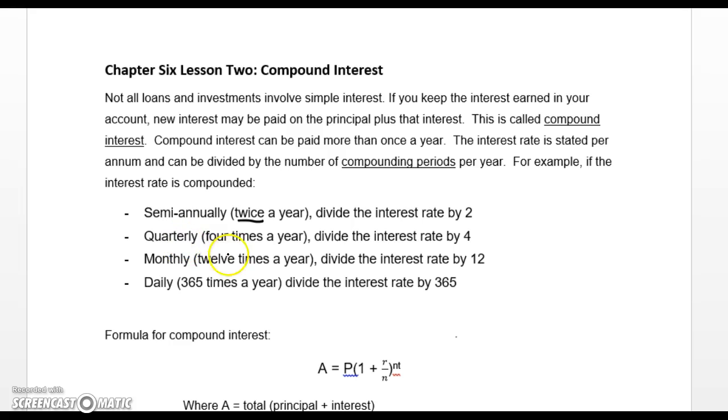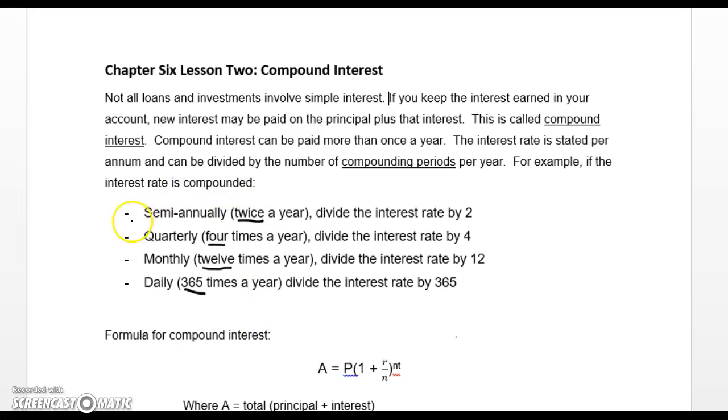If you're paid quarterly, which means 4 times a year, we divide our interest rate by 4. If it was monthly, our compounding periods would be 12 in a year, so we divide our interest rate by 12, and daily would be 365, and so we divide our interest by 365. Essentially, we divide our interest rate by the number of compounding periods.